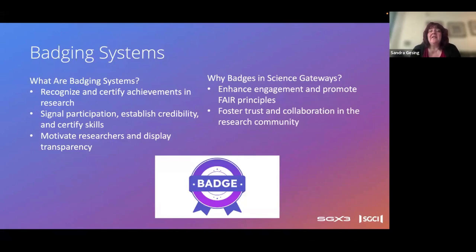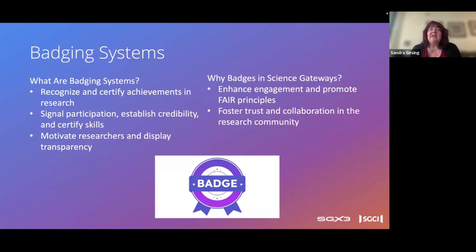This mixture is really nice also for science gateways, because it can motivate researchers and display transparency, enhance engagement, promote FAIR principles, and foster trust and collaboration in the research community. With the FAIR guiding principles for the different areas, we see a lot of working groups around this.